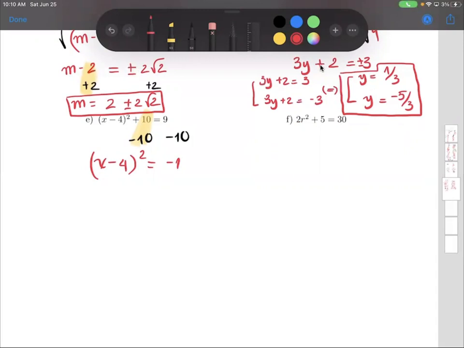You haven't seen an equation that involves imaginary solutions yet. So a square on the left and the negative on the right, that does not make sense, right? Because any number when you square, it gives you at least 0, right? So you can say no solution. This is not possible. So your answer is no solution.